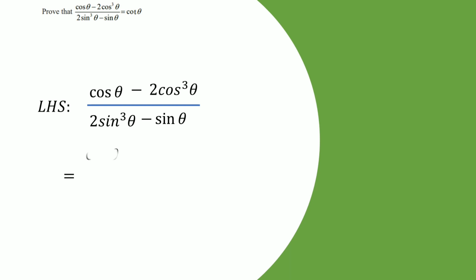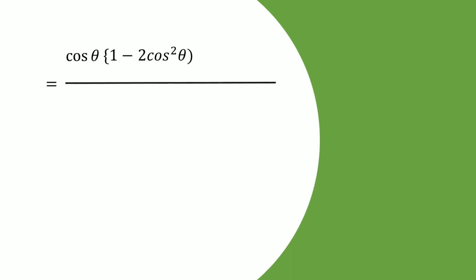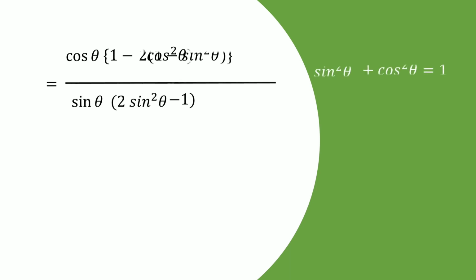In the numerator, cos theta is common, so remove it outside: 1 minus 2 cos square theta over, here sin theta is common, so sin theta into 2 sin square theta minus 1. In the numerator we can change, observe, cos square theta is 1 minus sin square theta. I have changed; 2 I have written as such.